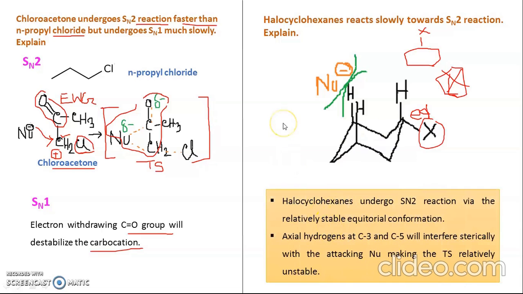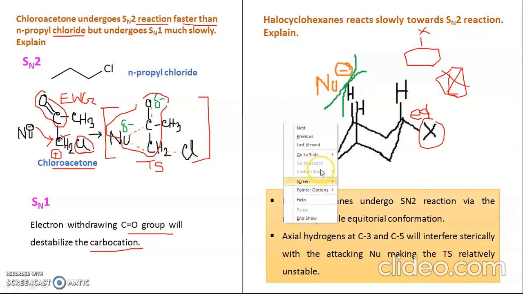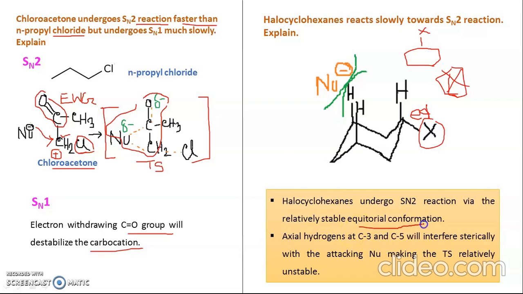So halocyclohexane undergoes SN2 reaction in a much faster way through equatorial conformation. Cyclohexane undergoes SN2 reaction via the relatively stable equatorial conformation. You can also think about the other axial conformation, which is like this.